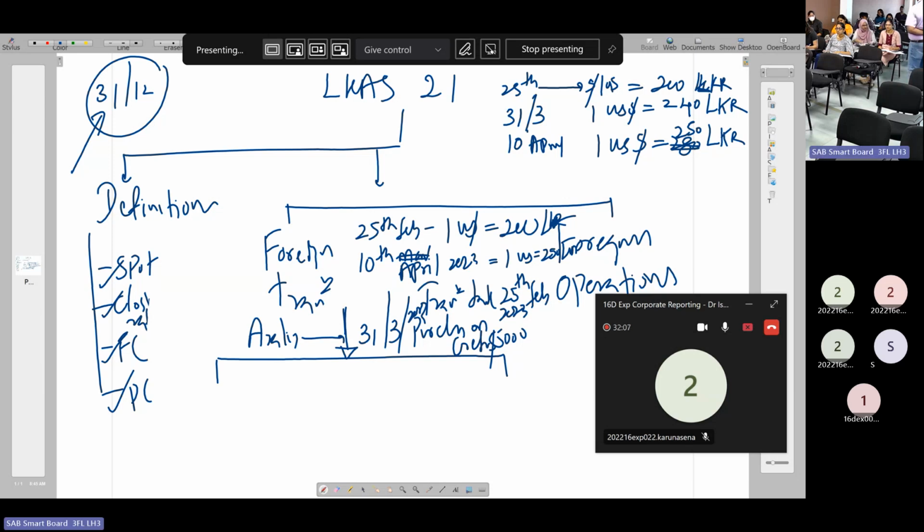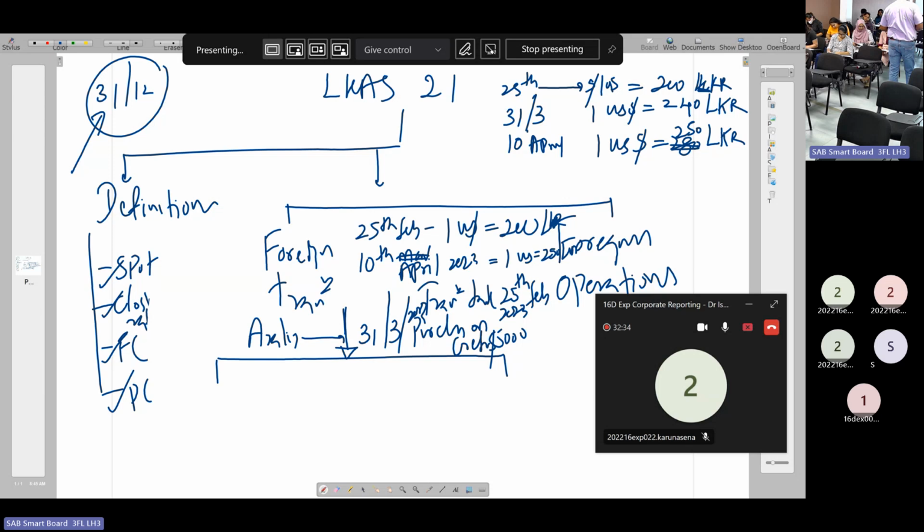When we purchase, we record the entry, purchase account or inventory.